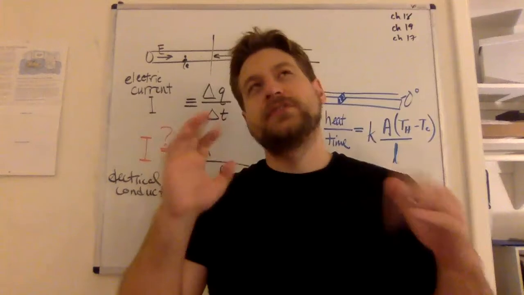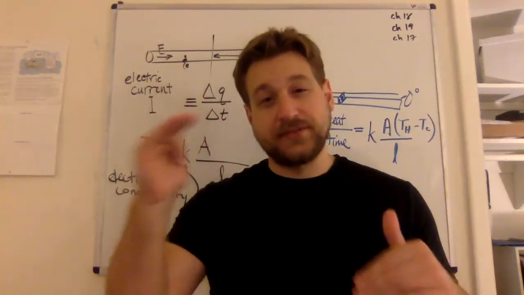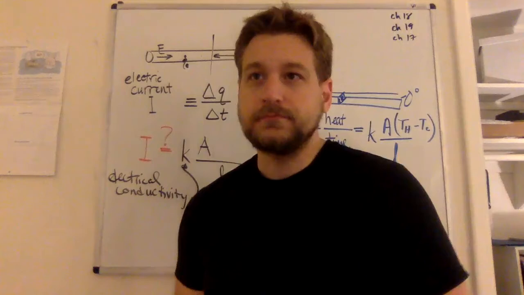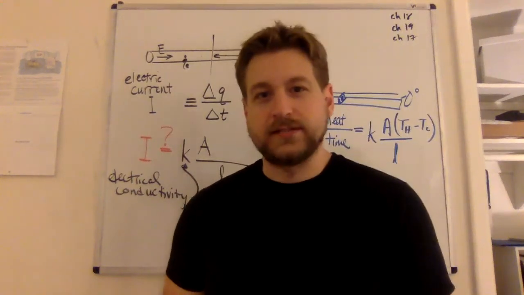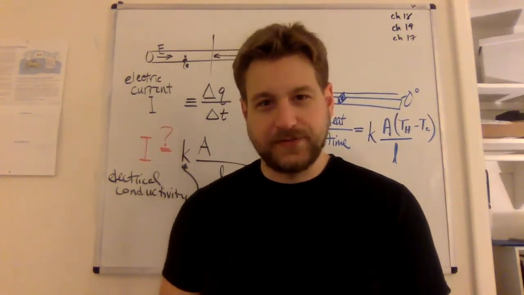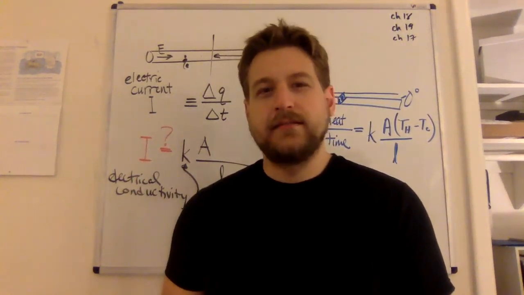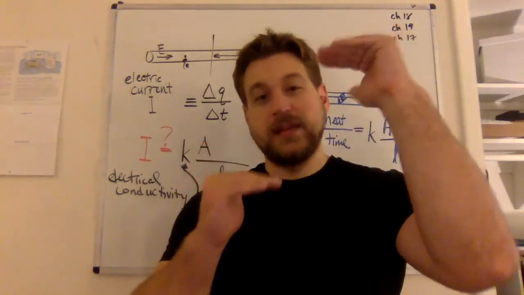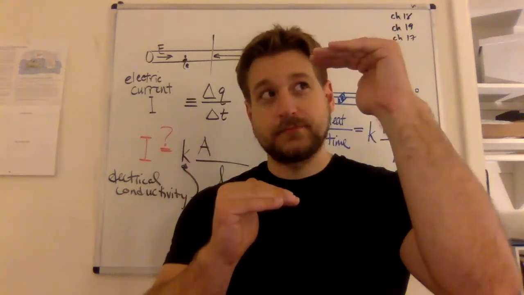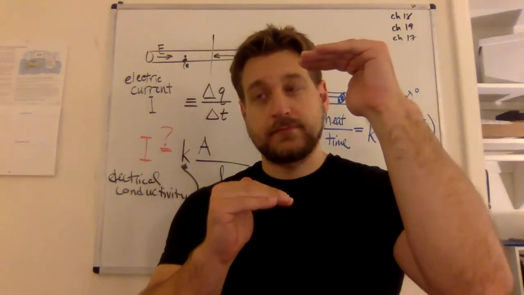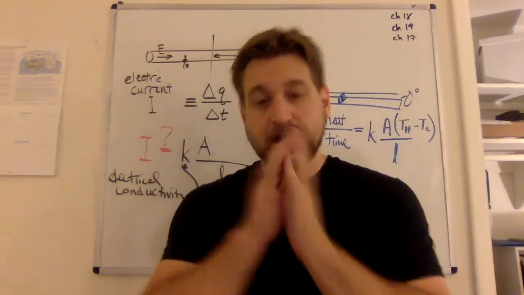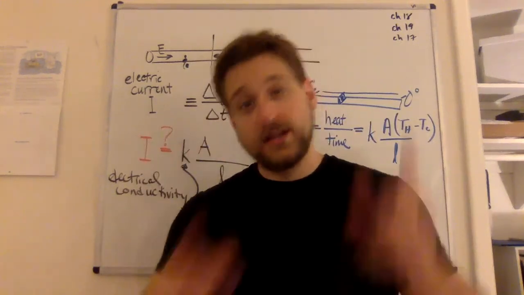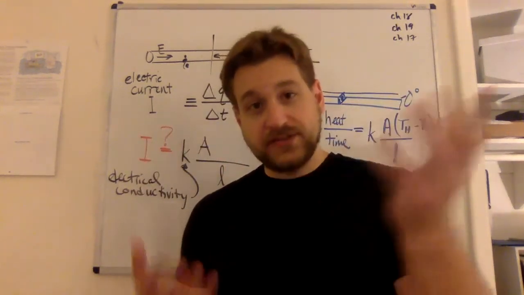If I want a fluid to flow, I need a pressure difference. But there's another way I can get a fluid to flow, and that's by making a height difference. If the pipe has some descent to it, fluid's going to flow down because gravity.